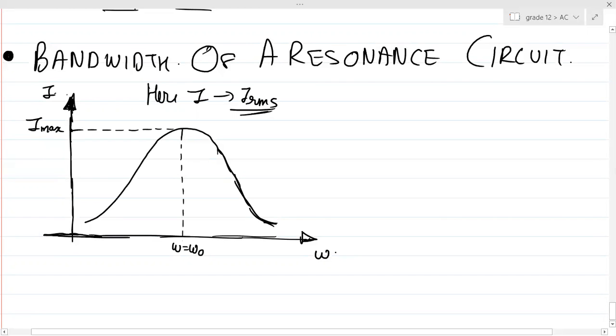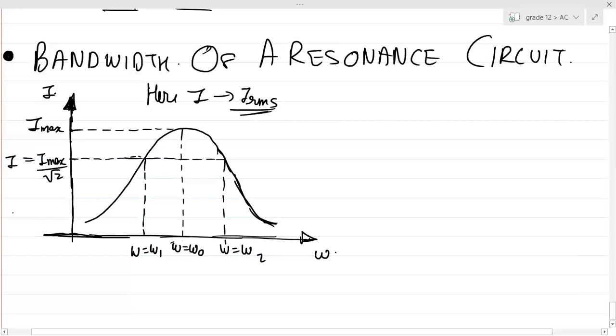I RMS is maximum at omega equals omega naught. Now can you see over here, at omega equals omega 1 and omega equals omega 2, the RMS value of current is the maximum divided by root 2, right?